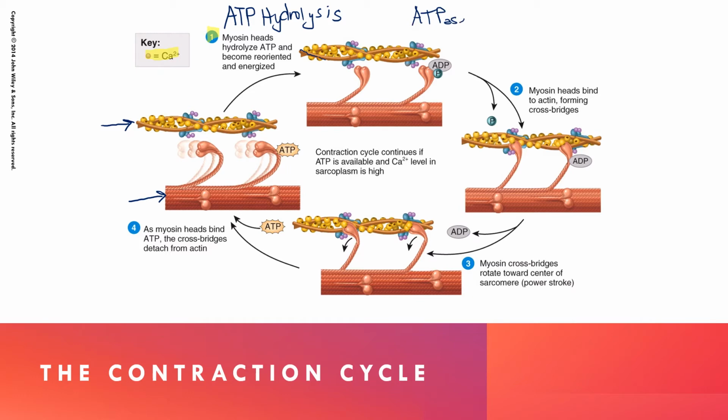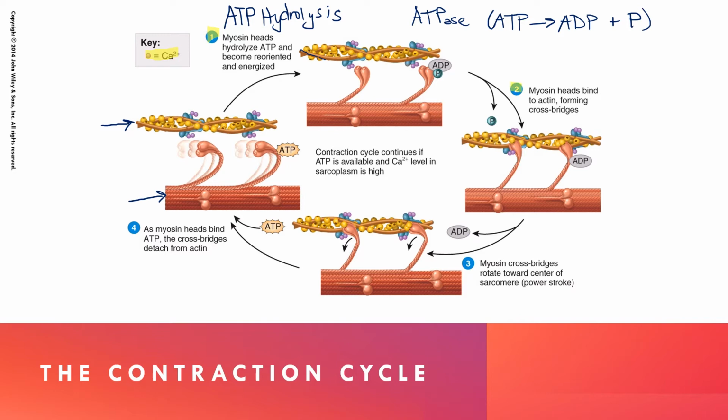An ATPase is an enzyme that hydrolyzes ATP and converts it into ADP and a phosphate group. So this hydrolysis reaction reorients and energizes the myosin head. And after that happens, we move into step number 2.